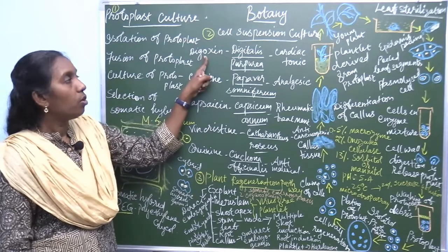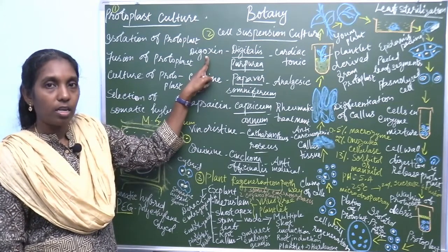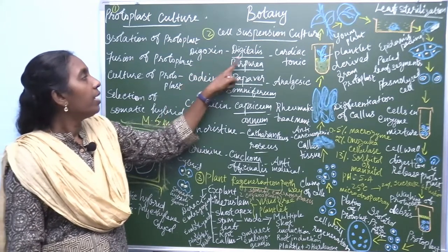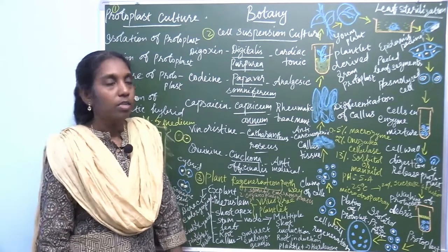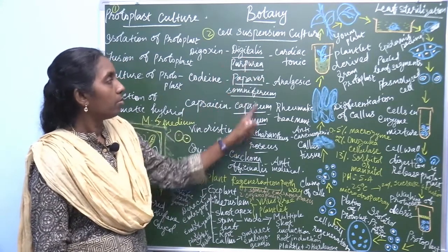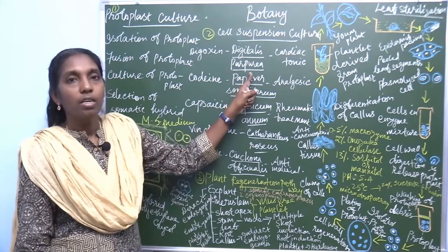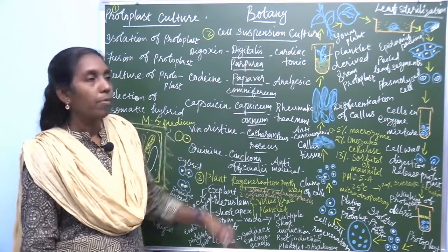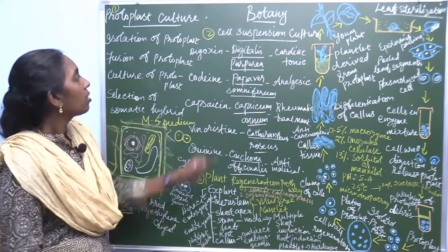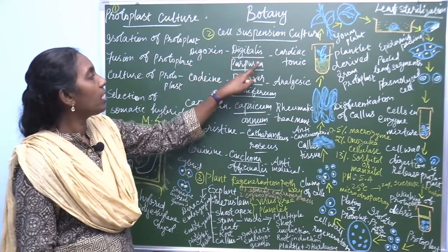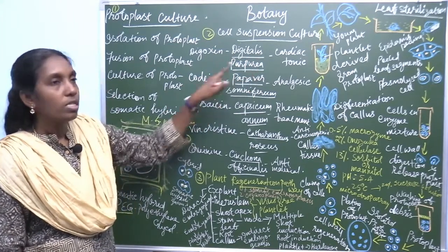Digoxin is obtained from Digitalis purpurea. Whenever you write binomials, underline the genus name and the species name separately. What is the use of this?